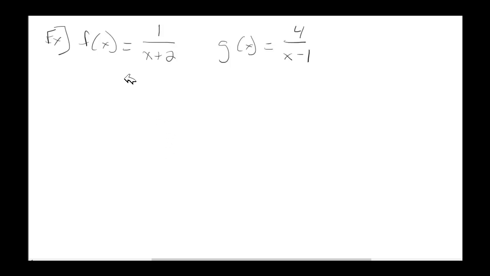Okay, so here I have two functions. I have f of x equals 1 over x plus 2, and I have g of x equals 4 over x minus 1. So f is a rational function, it's a polynomial over a polynomial, and g is a rational function, it's a polynomial over a polynomial. So first thing I'm going to do is find the domains of both of these functions. So the domain of f is a collection of x's such that x is not equal to minus 2.